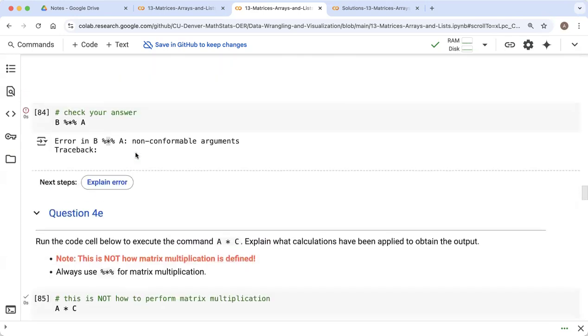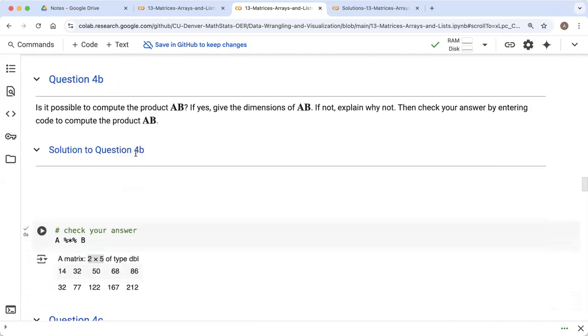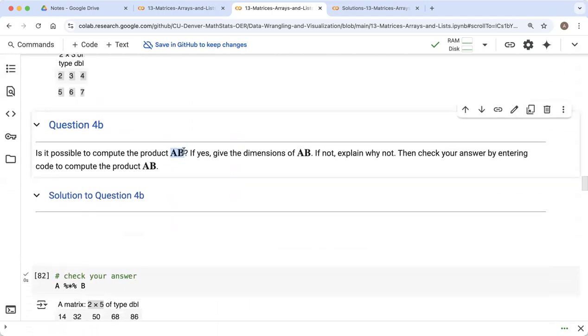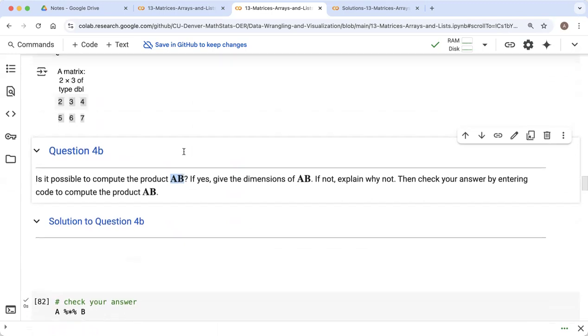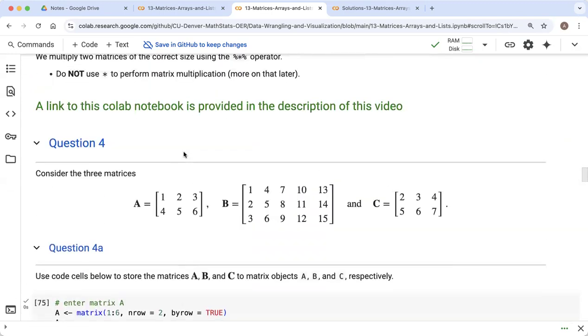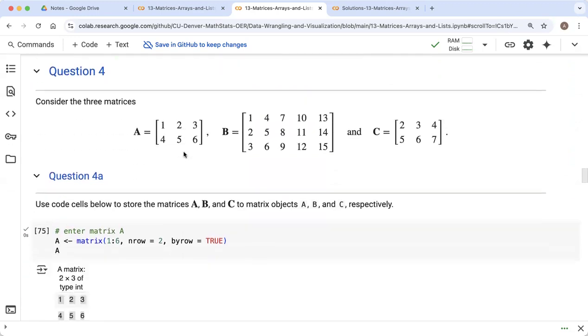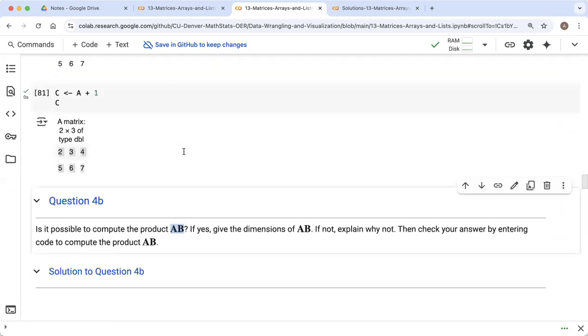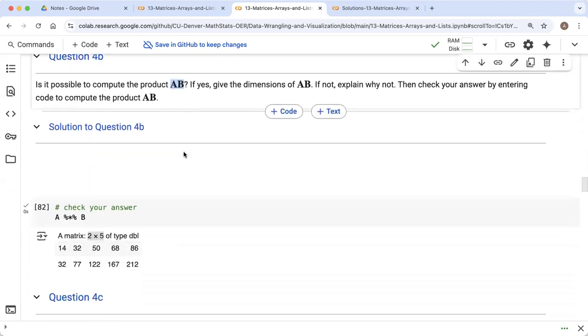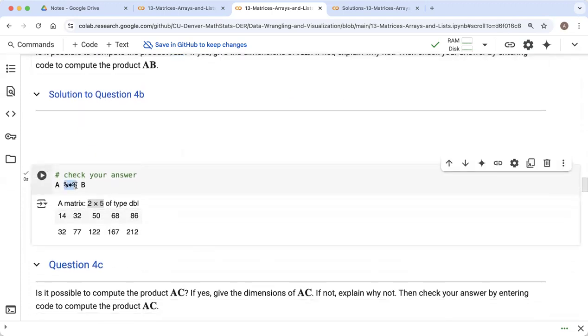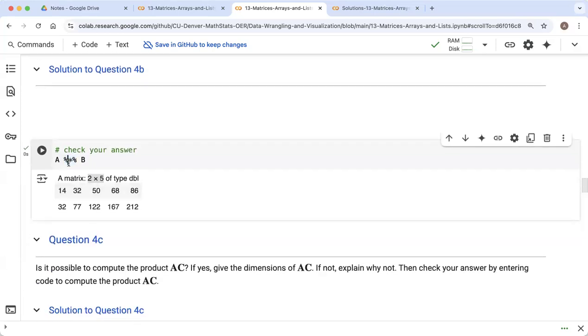When we're multiplying matrices in the usual sense, we don't put any operator between the A and the B. We just write the two matrices next to each other, and that implies the typical matrix multiplication, defined in this rather strange way that you might not have imagined. But when we want to multiply matrices in the true sense, use the percent asterisk percent operator and not just the usual product operator.